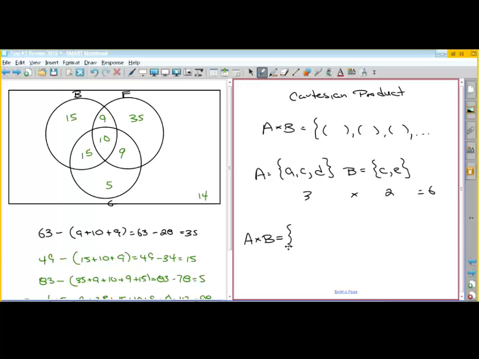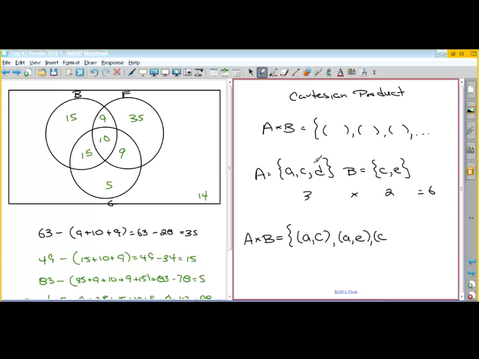So it's a set, so make sure you put the set sign. And the pair is you're going to use the first element in set A with the first and then the second elements in set B. So you're going to have A, comma, C, A, comma, E. Then you go to the next letter. So the A is the first thing here, so it's always going to be the first letter.